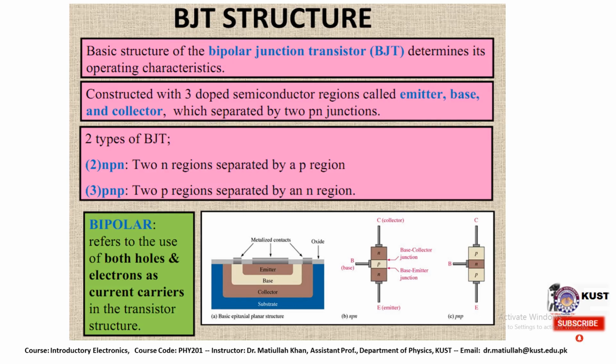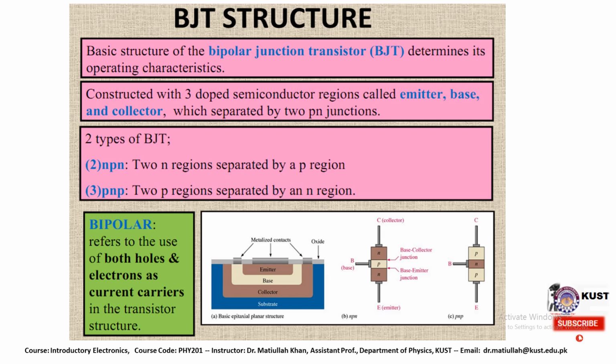The bipolar junction transistor consists of three different regions, called the emitter, base, and collector. It has basically two types: one is NPN and the other is PNP. In the case of NPN, a P type extrinsic semiconductor is sandwiched between two N type materials.